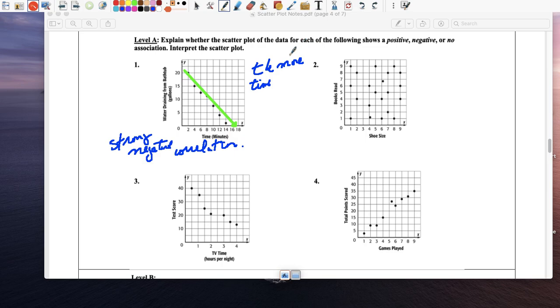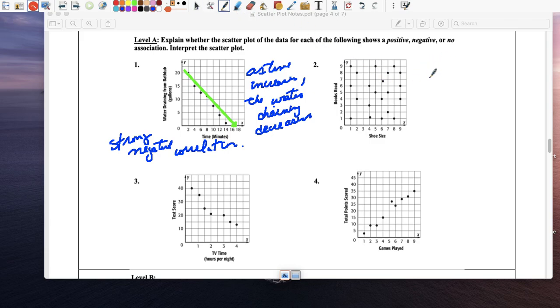So as time increases, right? Because as time increases, the water draining decreases. Okay, so when one goes up, the other one goes down. That's what makes it a negative correlation.